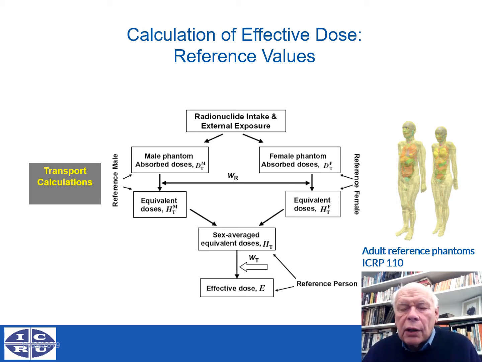They have been established by ICRP and ICRU and published in ICRP report 110, and with the help of radiation transport calculations, first of all, the mean absorbed doses in each of the organs and tissues are calculated. Then the radiation weighting factors are applied to result in the equivalent doses for both sexes. These equivalent doses are sex averaged, and these sex averaged equivalent doses are then used to calculate the effective dose as the tissue weighted average equivalent dose.